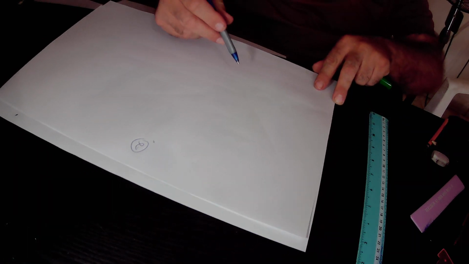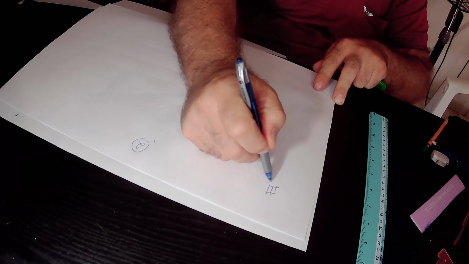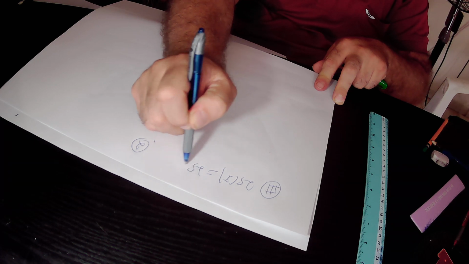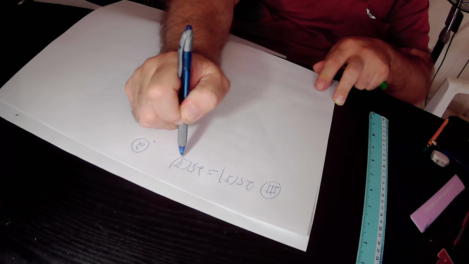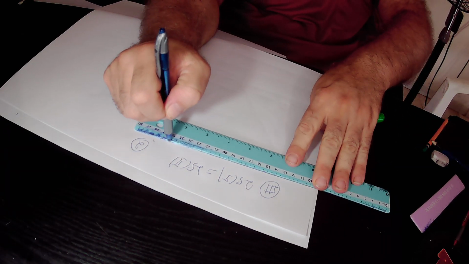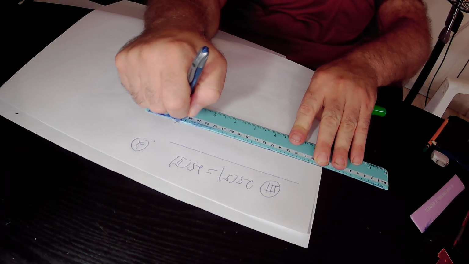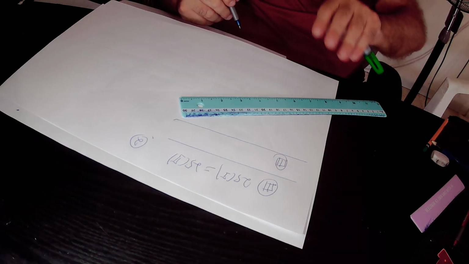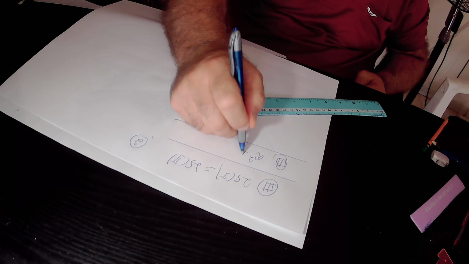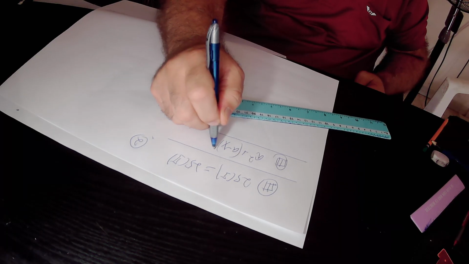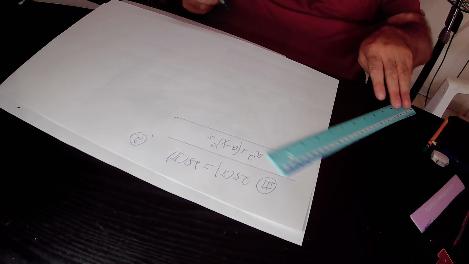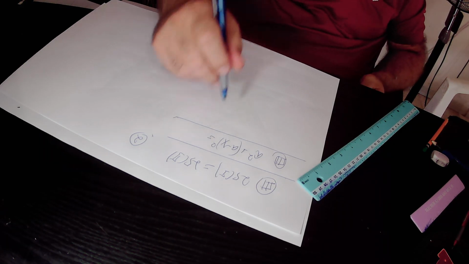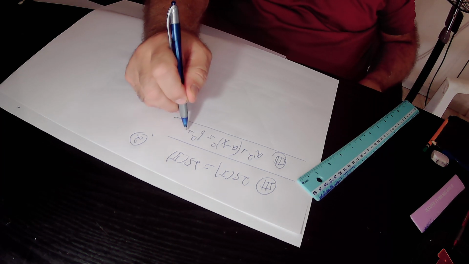But again, according to equation 3, 25 according to equation 1 must be equal to 25 according to equation 2. 25 according to equation 1 equals A squared plus A minus X squared. And it must be equal to 25 according to equation 2. 25 according to equation 2 equals B squared plus X plus B squared.